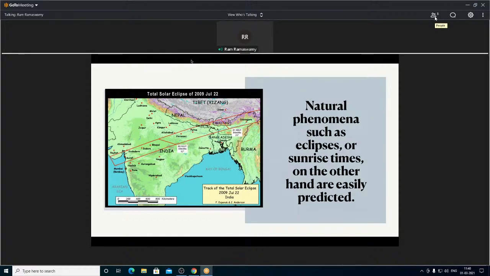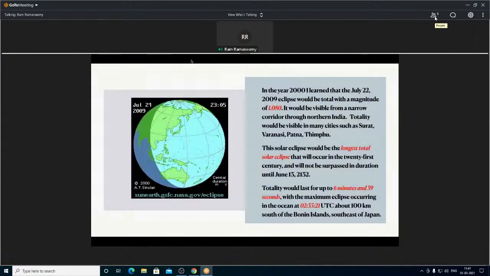Also for an eclipse, and this is a personal story. In 2009, there was a famous eclipse in India that passed very close to us. The whole point of this eclipse was that it was the longest one until 2132. So for another 100 plus years, 112 years, you will not have such a long eclipse.